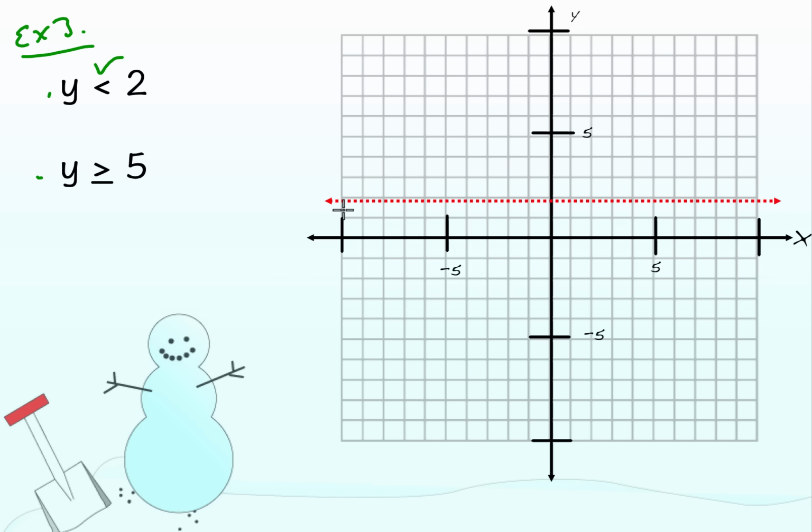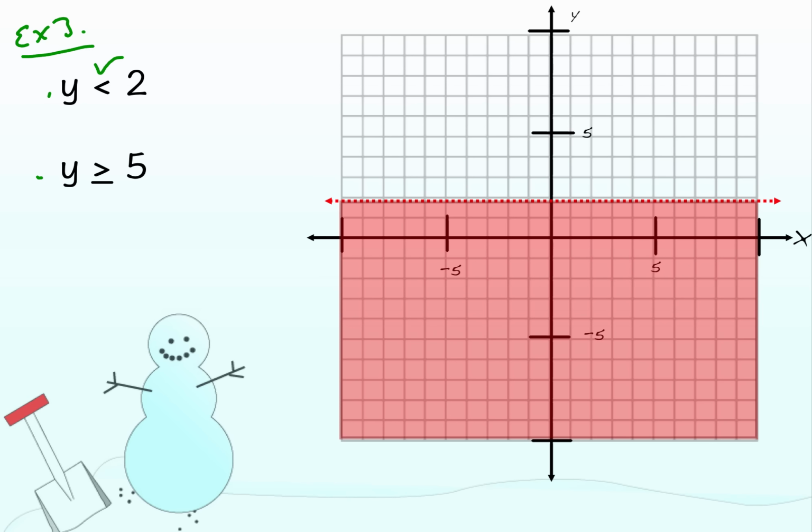I'm going to shade it in again. Take my little cheater's method with a box. Now I'll label it y less than 2. All right, let's graph the next line. Y is greater than or equal to 5. Okay, here's 5, Mr. Slopey Face. It's a horizontal line again. And since this one says equal to, I can have it solid.